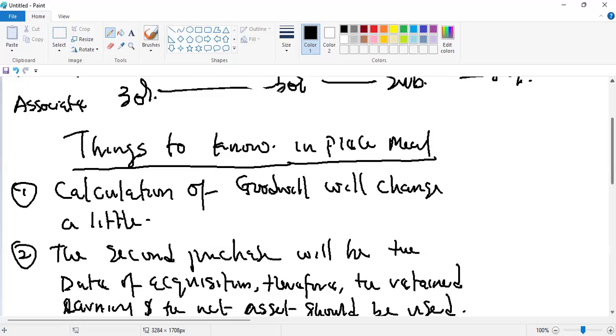Let's go to the calculation of goodwill. We change a little.